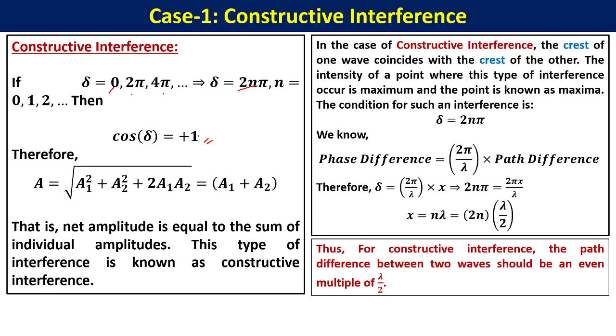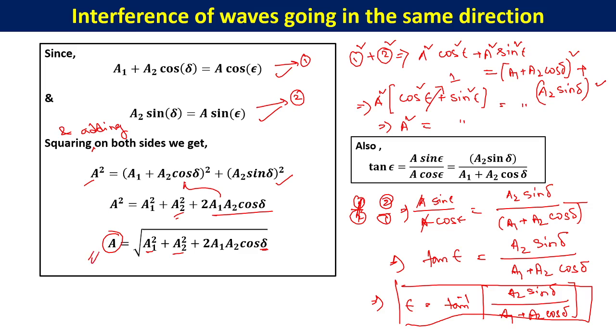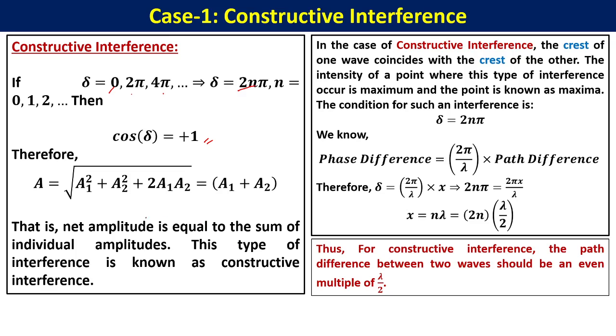If you put cos delta equal to plus 1 into this expression of final amplitude, you'll remain with a1 square plus a2 square plus twice a1 a2. That's what I have done here directly. And this is nothing but, if you remember, the formula of square root of (a1 plus a2) whole square.